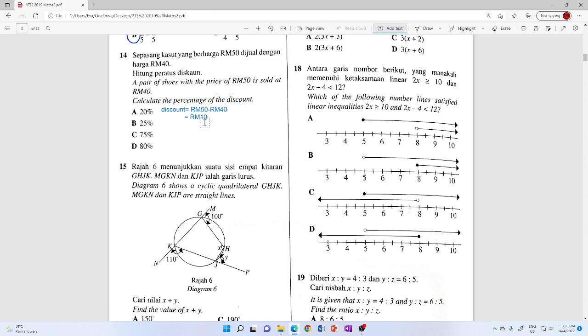And we want to calculate the percentage. Percentage will be 10 ringgit divided by the original price, which is 50, times with 100%. So the answer is 20%. A.